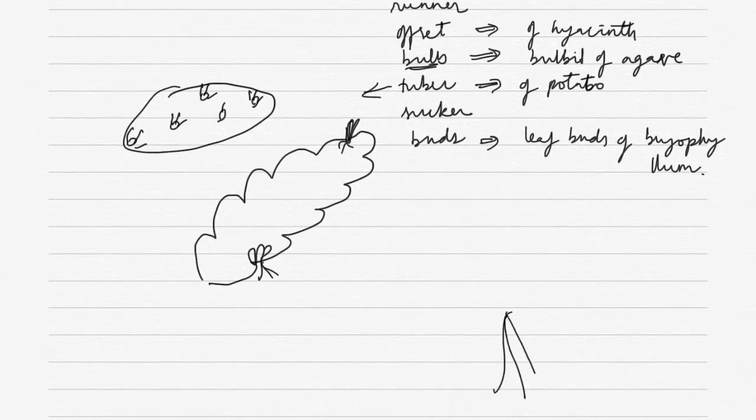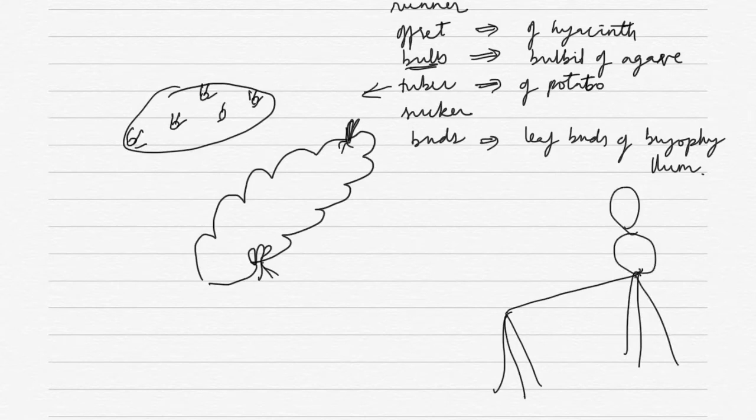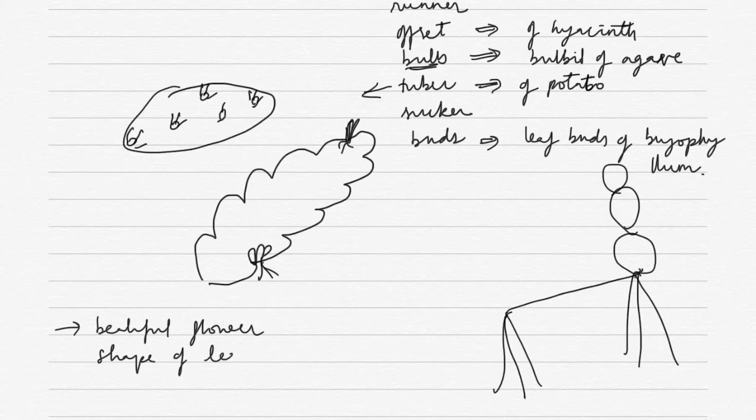Next we have water hyacinth. Water hyacinth is called terror of Bengal, basically for its beautiful flowers and shape of leaves. This water hyacinth was introduced, and this is the offset.